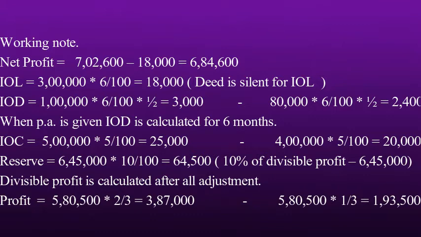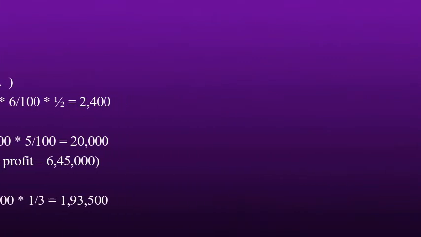Now divisible profit, after subtracting all the above, is 5,80,500. 3,87,000 is the share of profit to C, that is 2/3 of the profit, and Key receives 1/3, that comes to 1,93,500. This is the working note. So it is necessary that you prepare the working note first and then prepare the account.